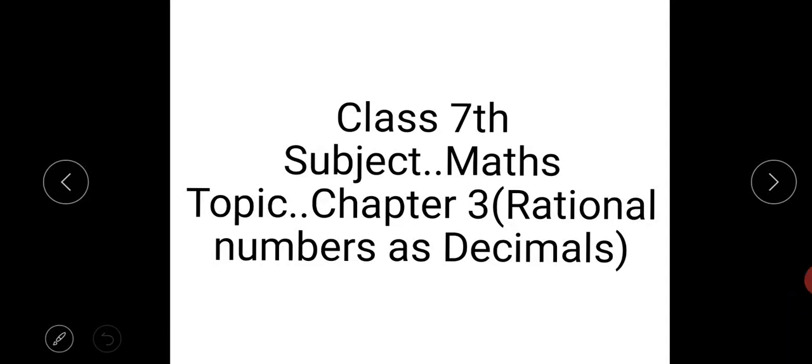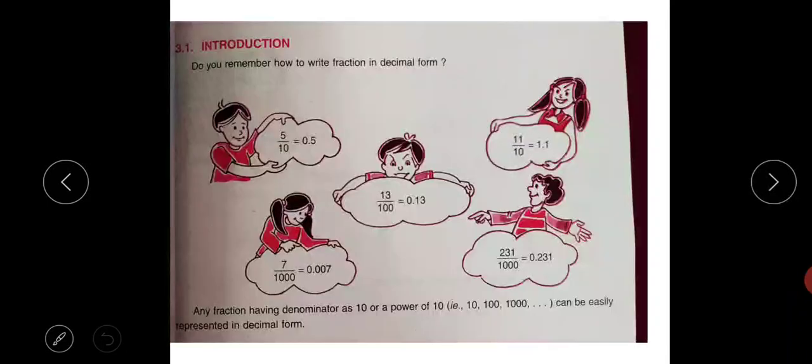Let us restart our study with chapter number 3, which is rational numbers as decimals. Do you remember how to write a fraction in decimal form? For example, we have a fraction 5 upon 10 and in decimal we write it as 0.5.